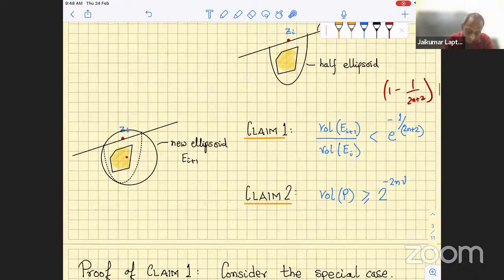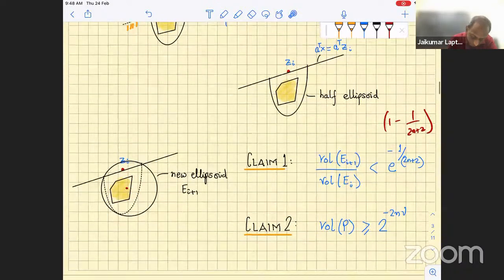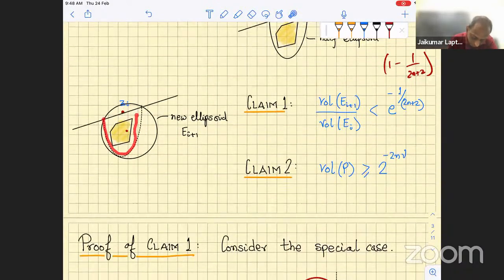But always we are maintaining the invariant that the new ellipse you put continues to contain the original polytope.